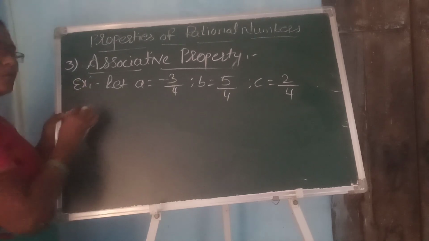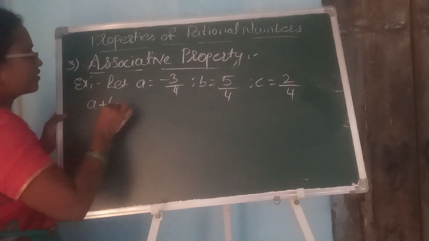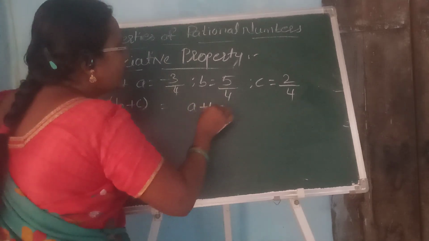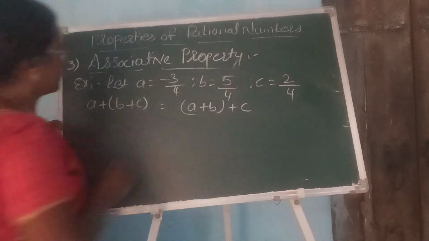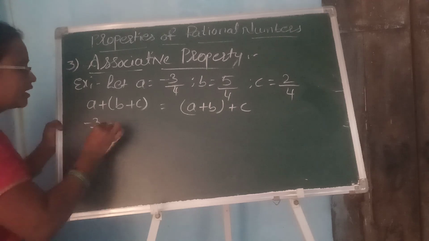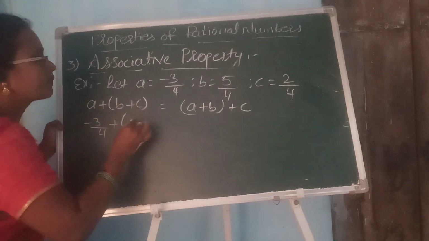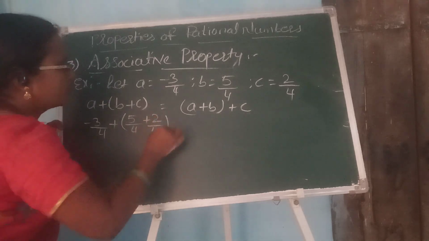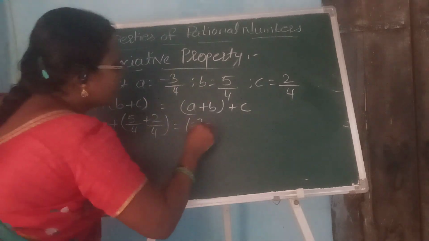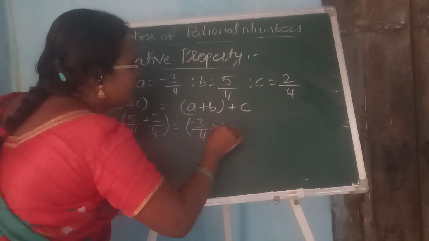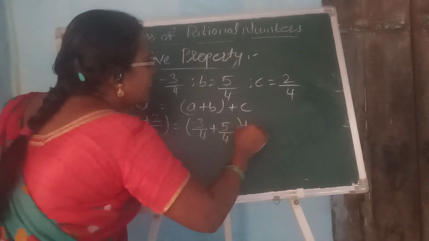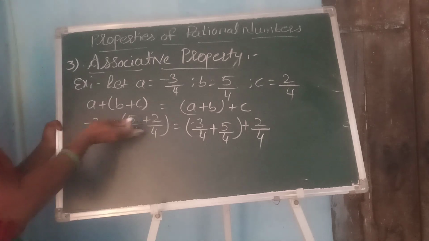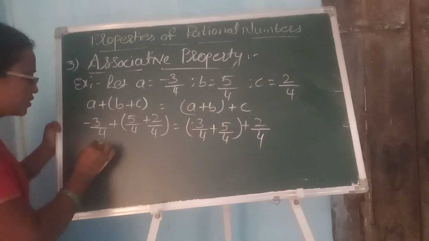So here the rule is that A plus of B plus C is equal to A plus B plus C. A here we have minus 3 by 4 plus B, 5 by 4 plus 2 by 4, is equal to A plus B, minus 3 by 4 plus 5 by 4, plus 2 by 4. Now consider here, first solve whatever is there in the bracket.